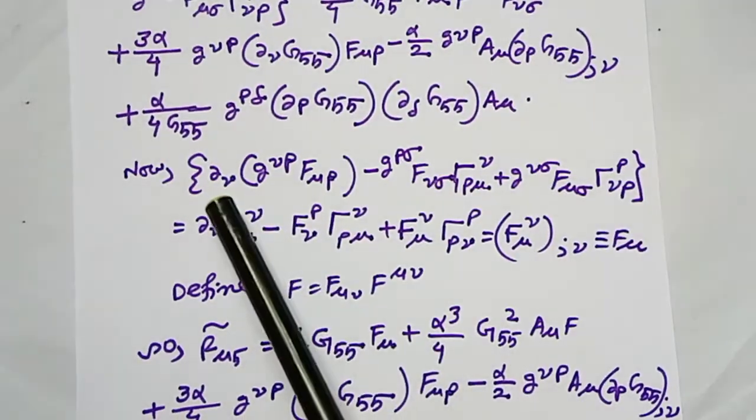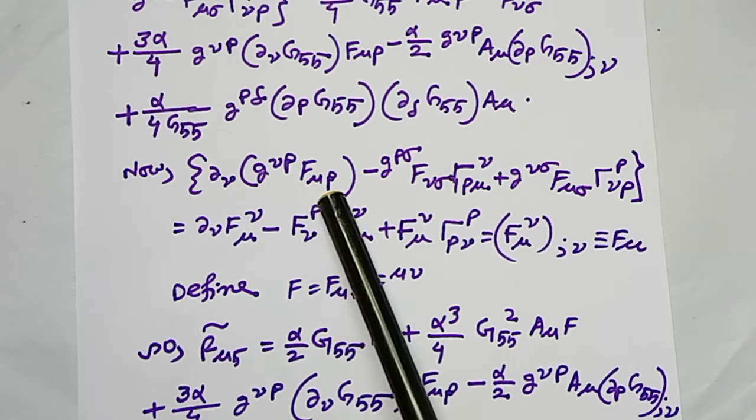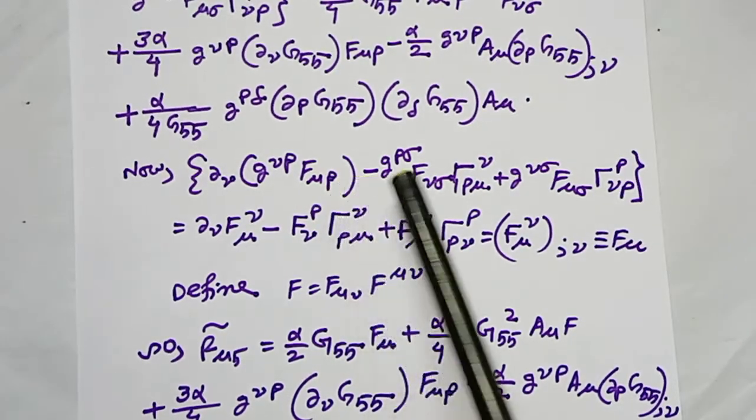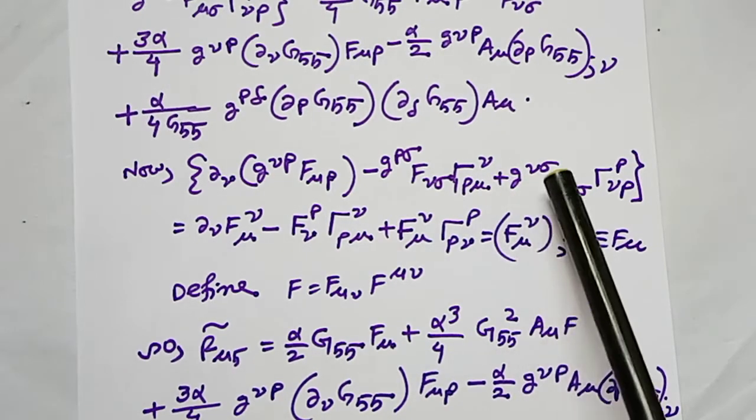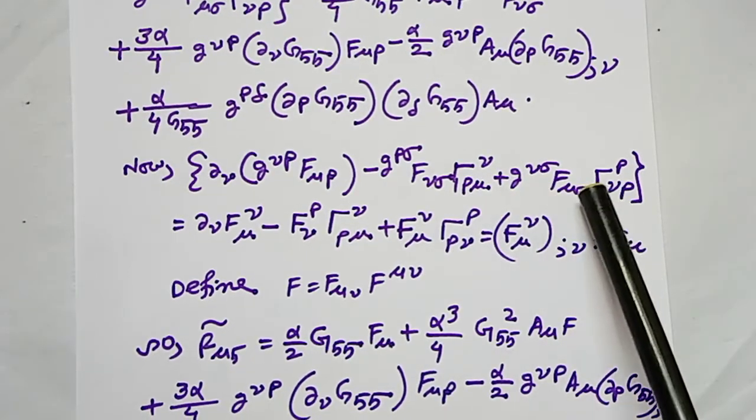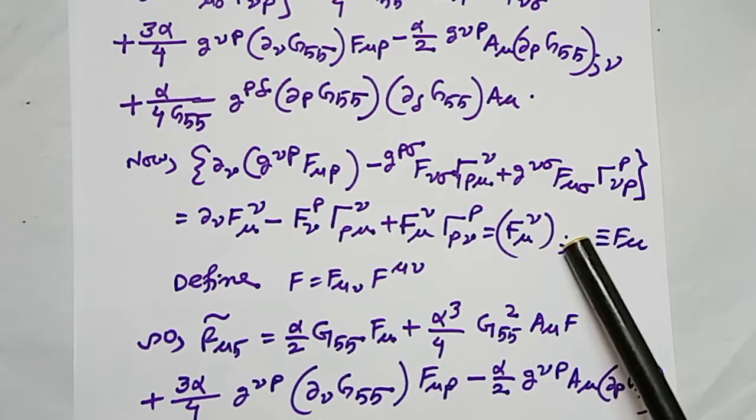Now we have ∂_mu g nu sigma F mu g nu rho F mu rho, minus g rho sigma F nu sigma F nu rho.